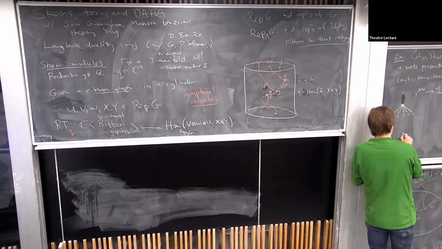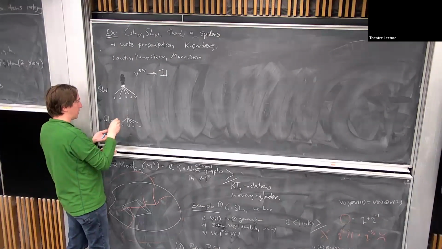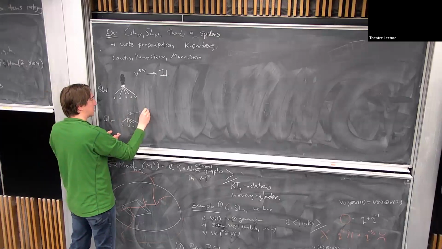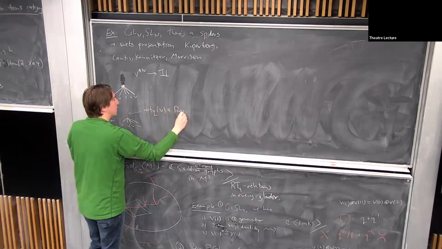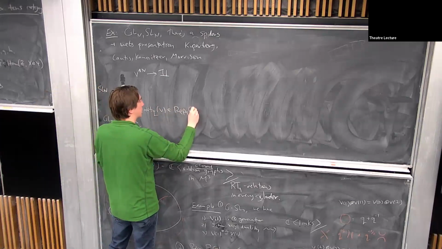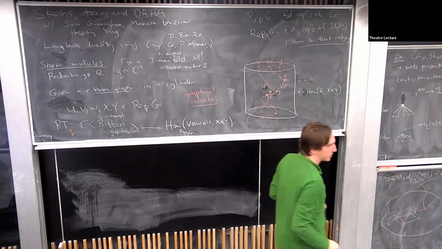You've got not the trivial representation, but the determinant representation. So this is the invertible representation, or one-dimensional representation, and there's some local relations that you impose here.